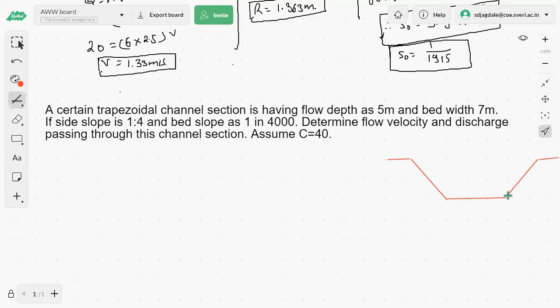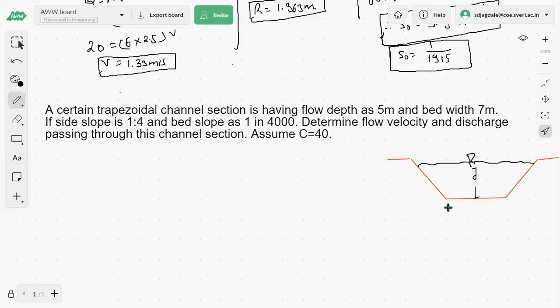This is the ground level once again. Then the depth of the flow we will assume. Suppose that this is the depth of the flow, y.